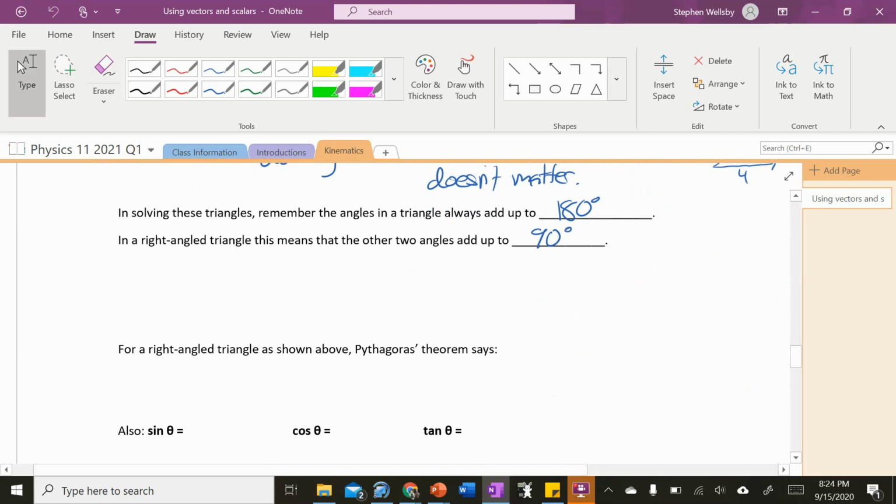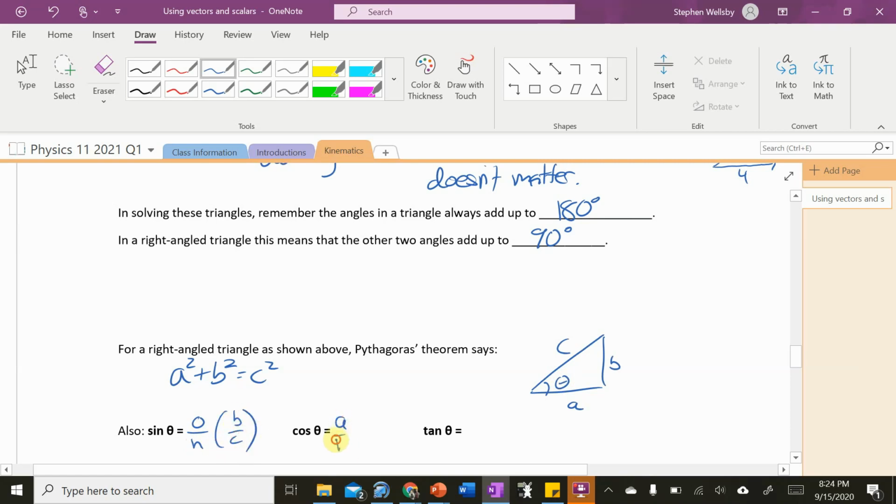Again, just a reminder, we talked about this above, where a squared plus b squared equals c squared on a triangle like this. And also on a triangle like this, sine is going to be opposite over hypotenuse, which in this case is going to be b divided by c. Cos is going to be adjacent over hypotenuse, which would be a over c.